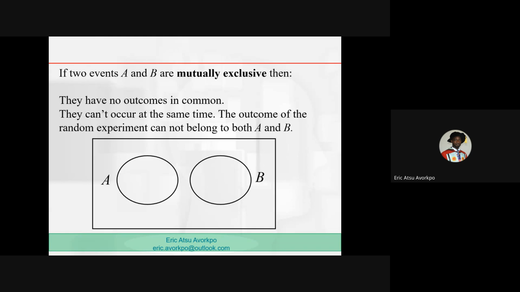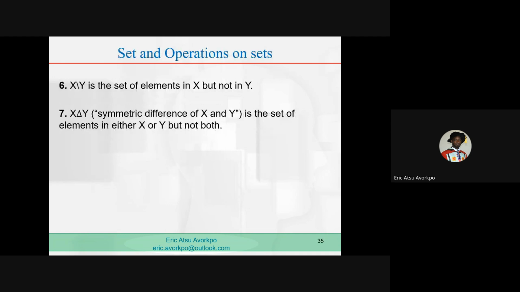The outcome of the random experiment cannot belong to both A and B, right? It cannot be both A and B. Then we also have X\Y, the set of elements in X but not in Y. So anytime you write X\Y, we are saying all the elements of X that are not in Y. So we are talking about the onlys over here, right?